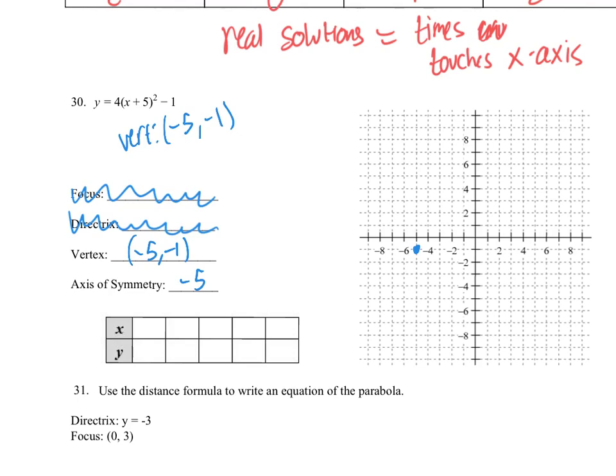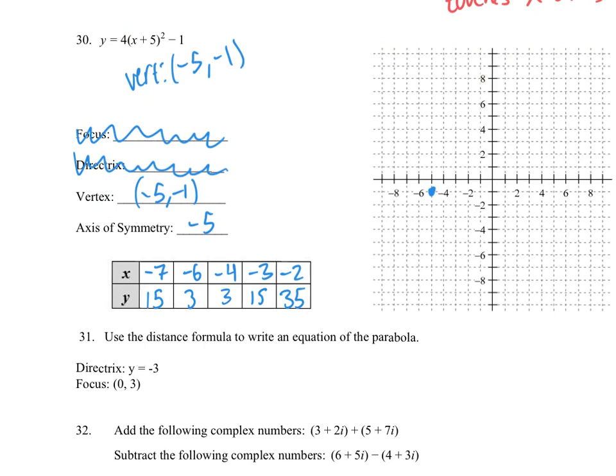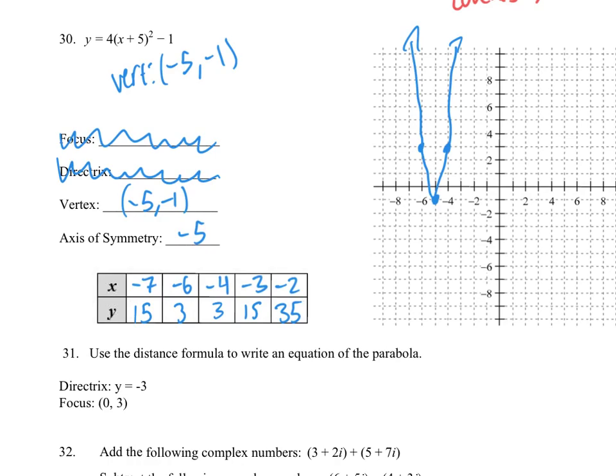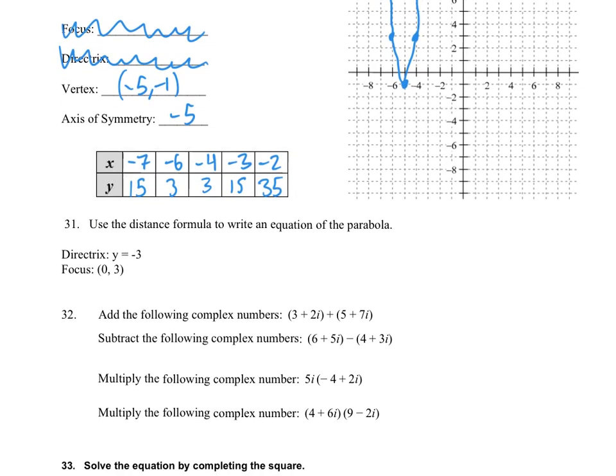So I'm going to plug in a -7, a -6, a -4, a -3, and a -2. I'll plug those in, fill those in, and graph them right now. All right, there it is, graphed and done. So yeah, bang, bang, bang.